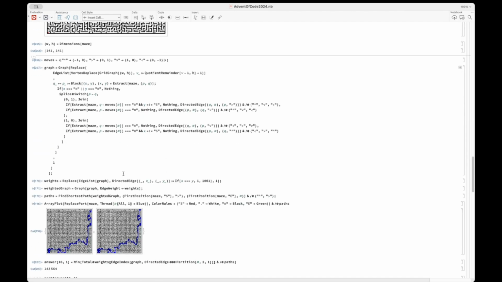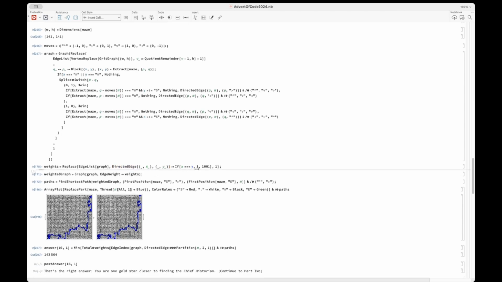So it's kind of an optimization. Here you're basically constructing all the weights, turning this graph into a weighted graph, because every edge depends on whether you turn or not. It's very simple: if the direction stays the same, it costs 1.